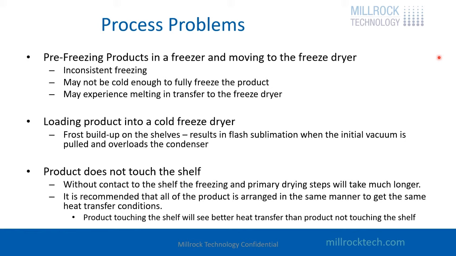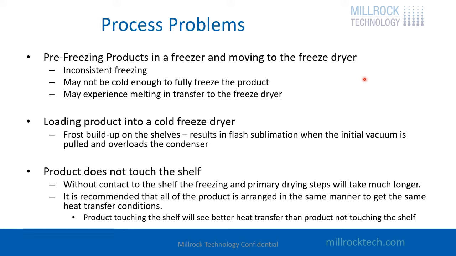So if you're doing that, this can lead to melting in the freeze drying process or inconsistencies in your freeze drying process. You could also experience melting when you're transferring it to the freeze dryer. If you're freezing outside of the freeze dryer, we recommend to anneal in the freezing step.